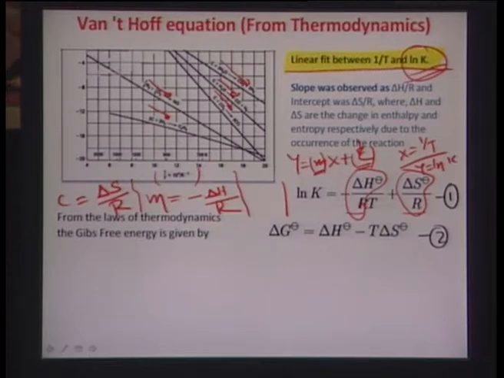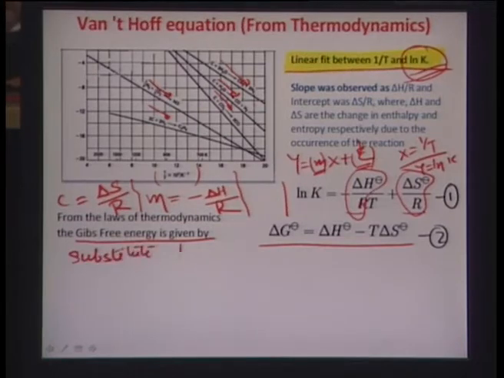Also from thermodynamics, if we consider the Gibbs free energy, it is given by a relationship between the enthalpy and the total entropy of the system as delta G equals delta H minus T delta S. So let us substitute for delta H from equation 1.